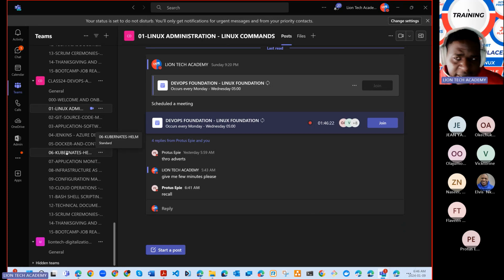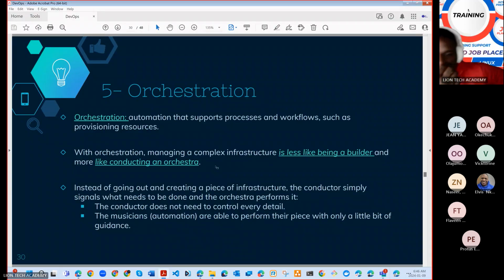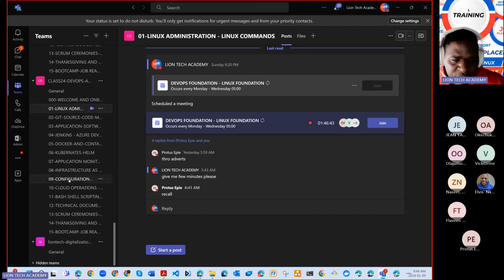Kubernetes and Helm cover orchestration. It covers the automation that supports the processes and workflows. It also includes provisioning resources. Again, this also covers Terraform, infrastructure as code.